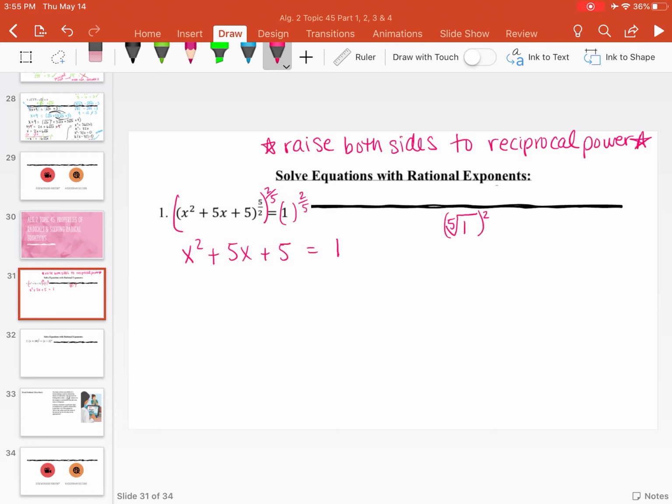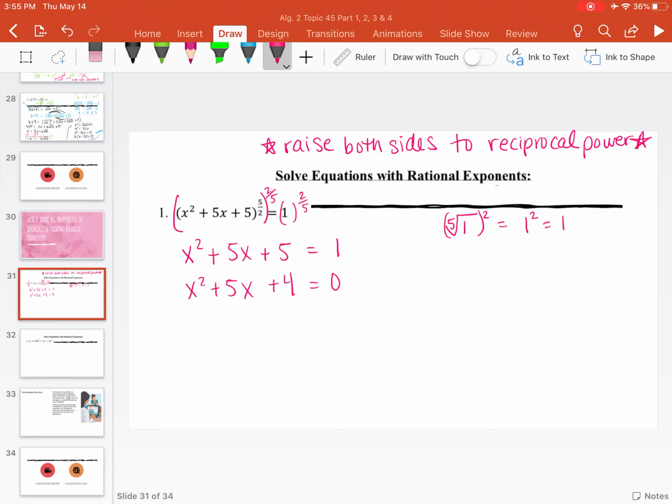Now the 5th root of 1 is 1, and 1 squared is 1. Now we have a quadratic equation here, so we can set it equal to 0 to solve for x. We'll get x squared plus 5x plus 4 equals 0.